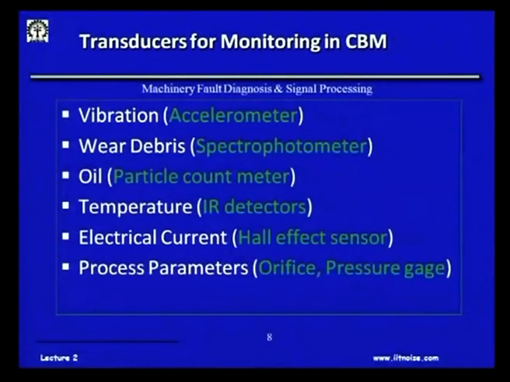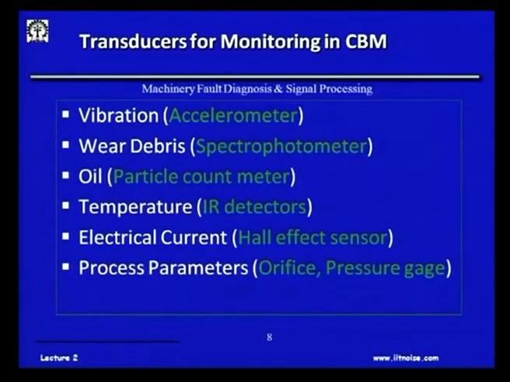Now, to implement all this CBM, or condition based monitoring, these parameters: vibration, wear debris, oil, temperature, current, process parameters. These items written in green are actually the transducers required to sense these mechanical parameters.